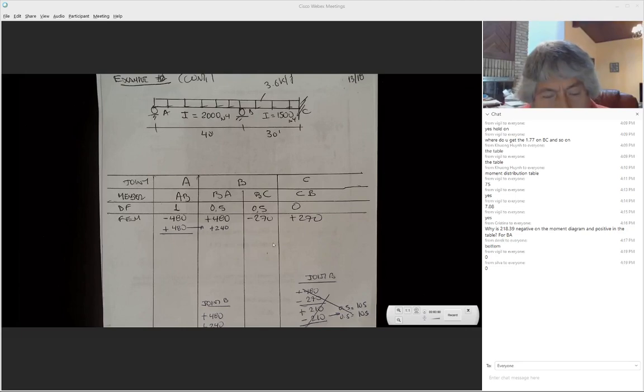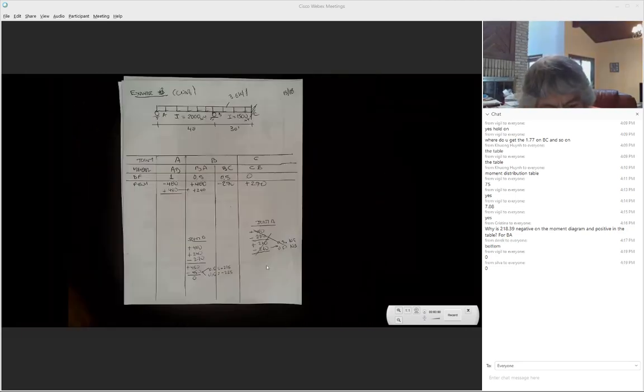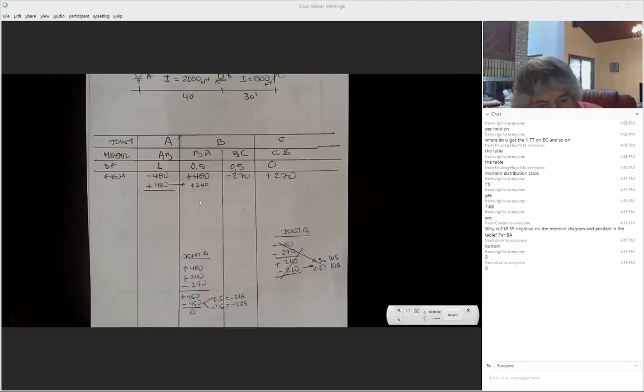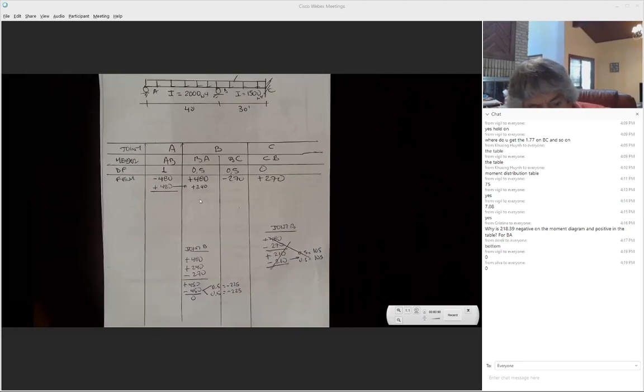Now this joint is not in equilibrium. And if you look at joint B right now, I have 480 minus 270 plus 240. 480 plus 240 minus 270. Right now, this joint is not in equilibrium. Why is not in equilibrium? Because summation of moments is different than 0.